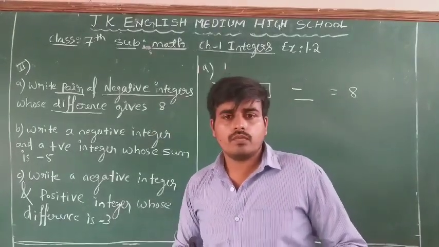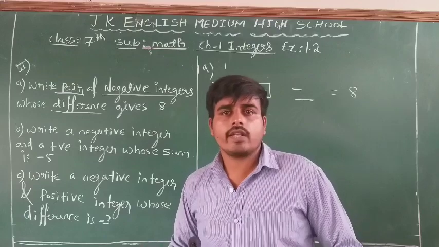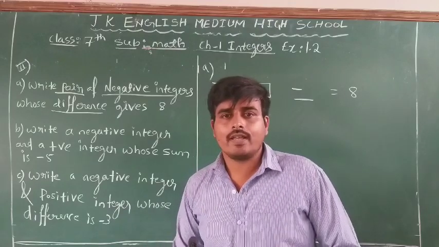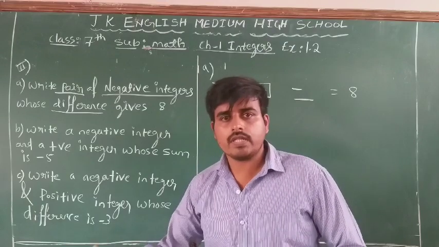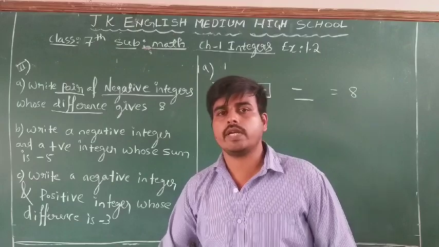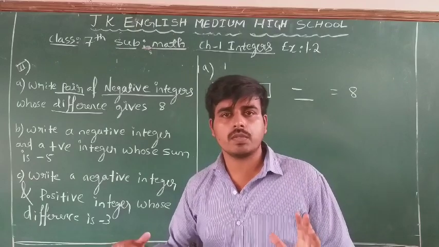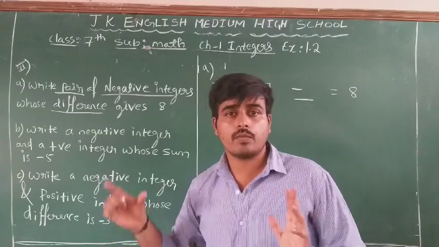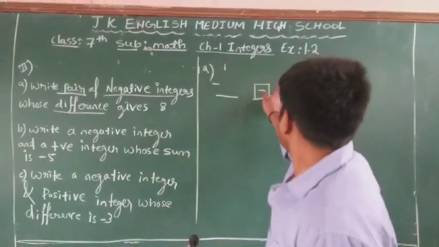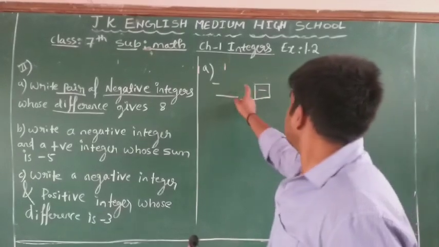Now, by the trial and error method. What do you mean by trial and error method? In rough you have to try. If an error comes, if your answer is not correct, once again you have to try. This is called the trial and error method. By the trial and error method, by using common sense, you have to think which number fits in these blanks. Okay, so look here, difference 8.